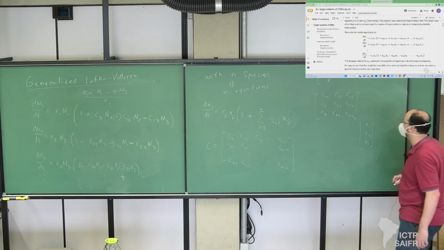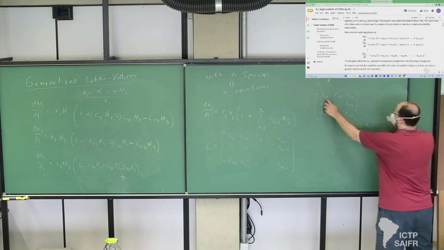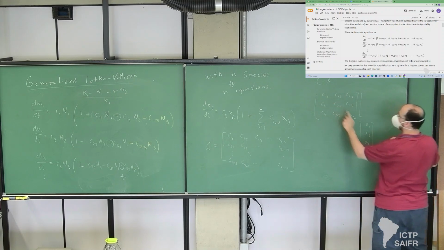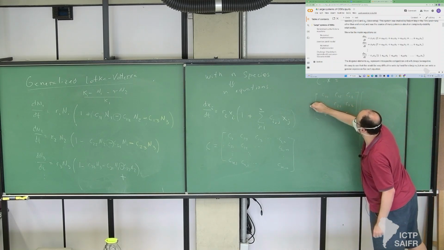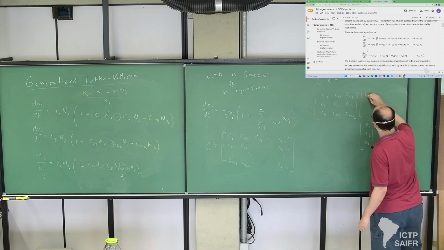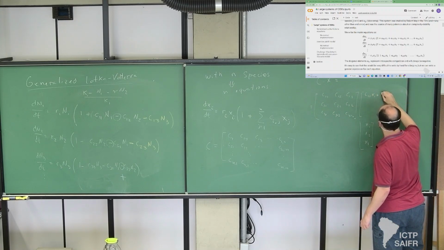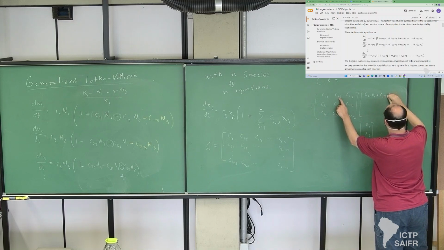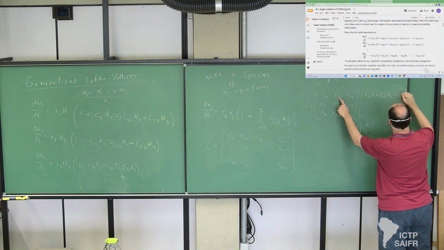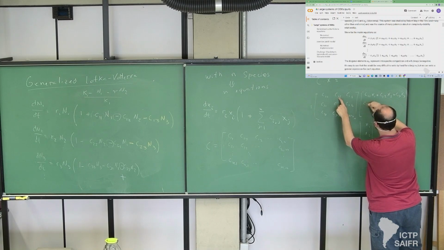And then what do I have here? I have C11 x1. This product is going to be C11 x1 plus C12 x2 plus C13 x3, and the same for the others.